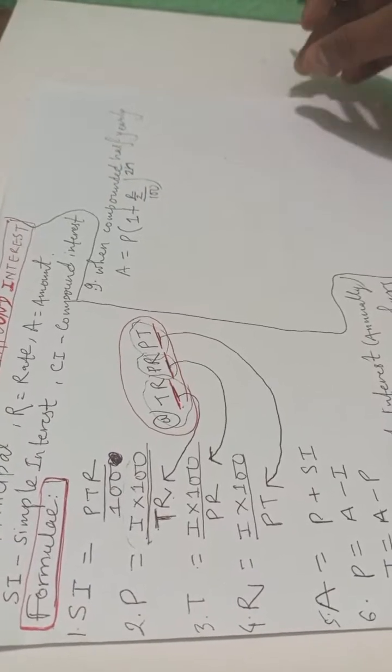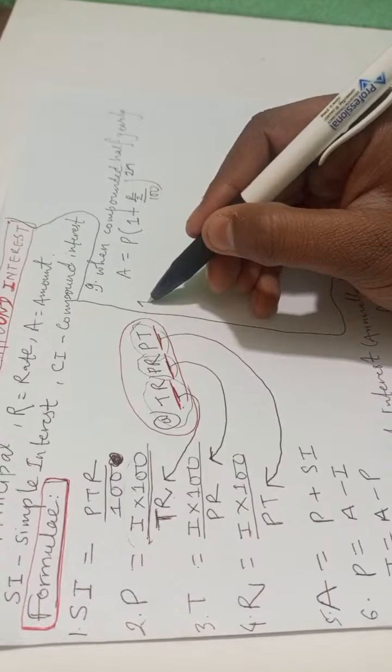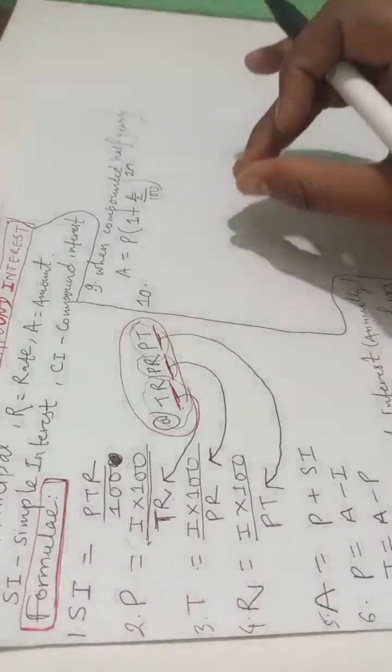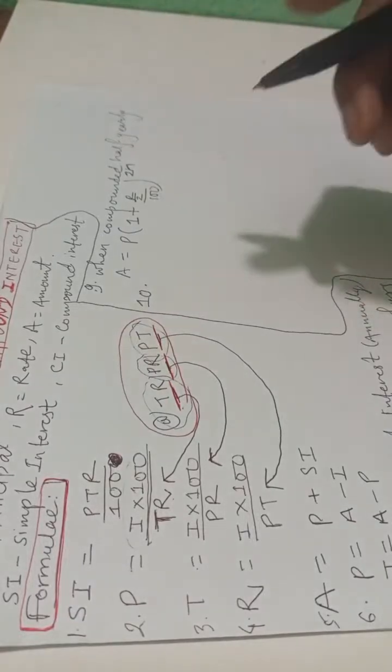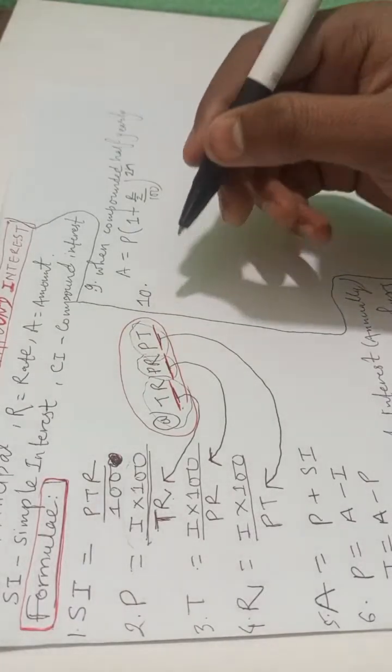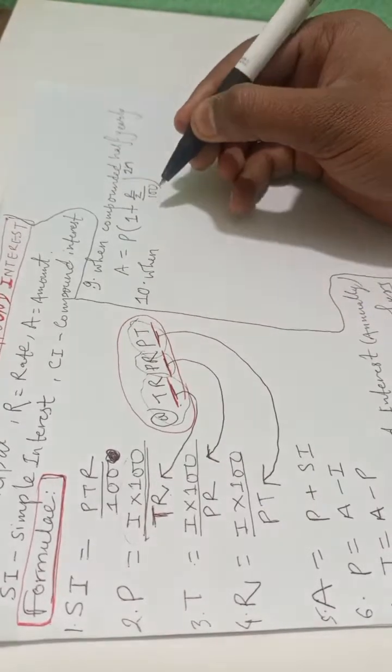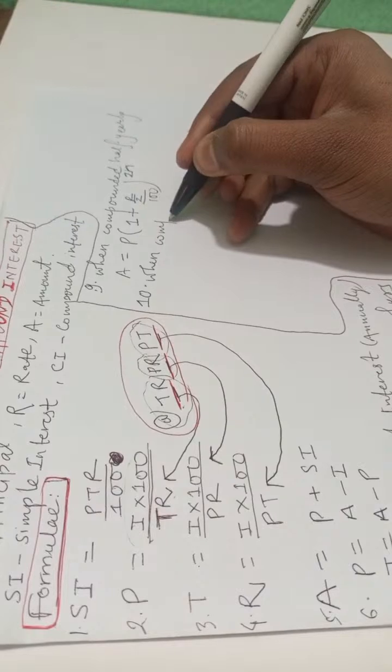Now we'll move on to formula number 10. That formula is for quarterly compounding.